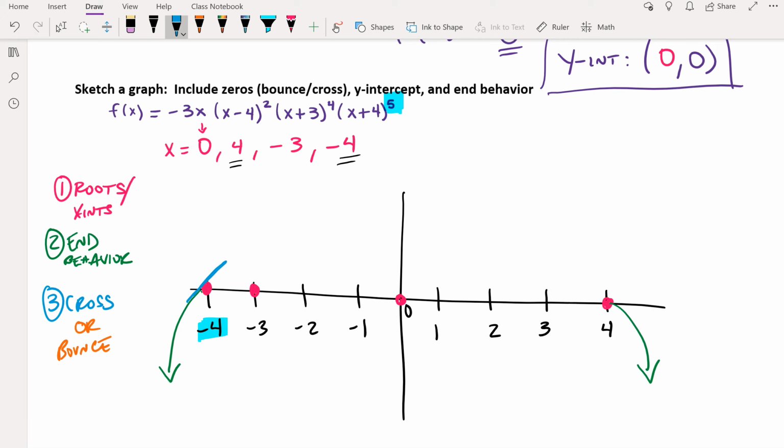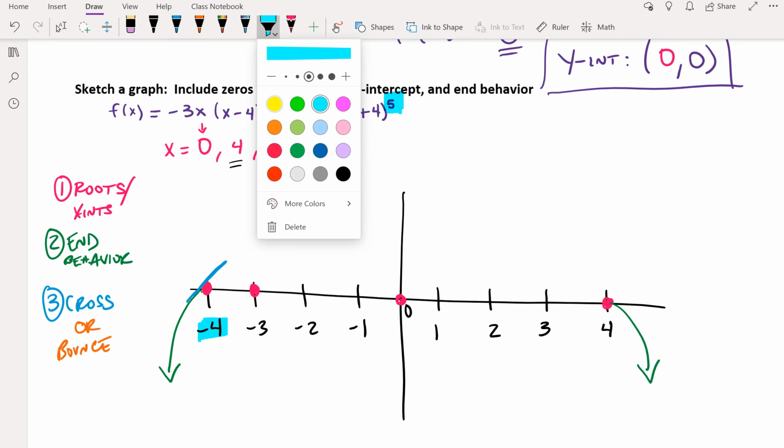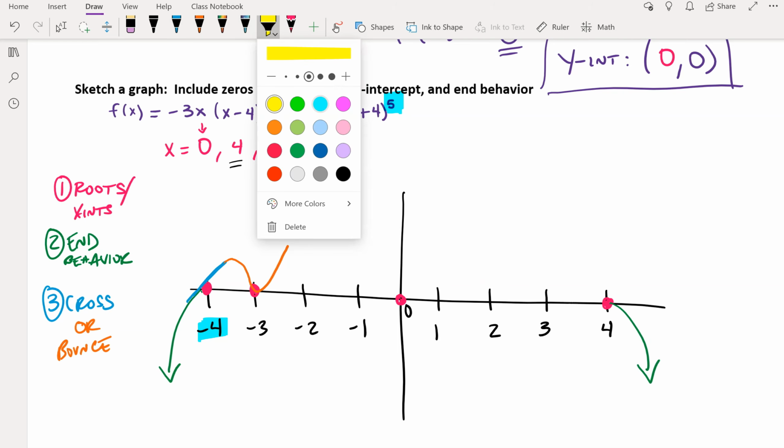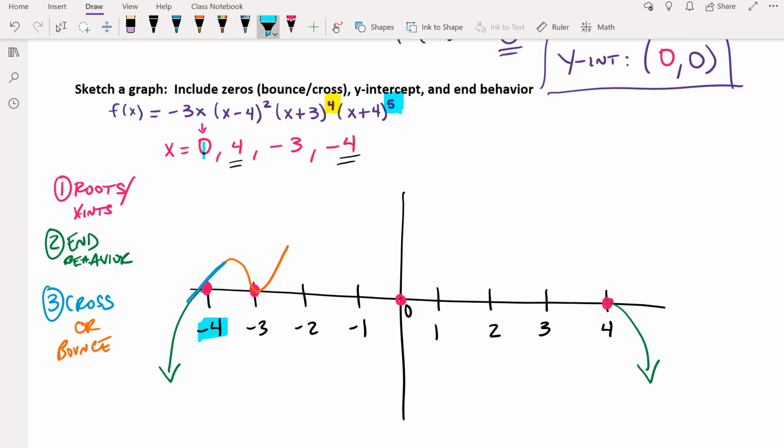And then at -3, that comes from an even exponent, right? An even exponent. So we are going to bounce. So we're going to come down, our polynomial is coming down, and it's going to bounce off the x-axis. At x equals 0, the 0 came from an odd exponent, so we're going to cross through.